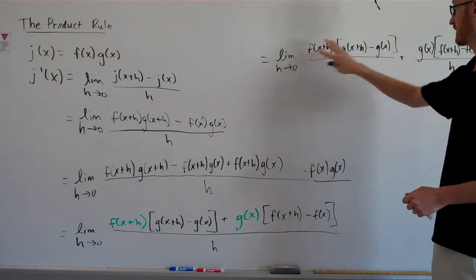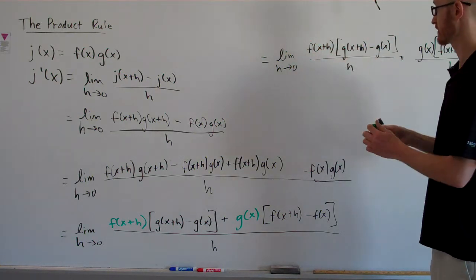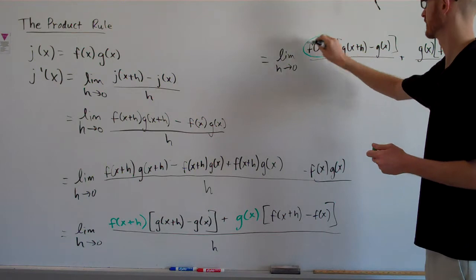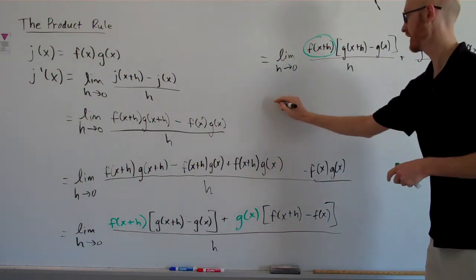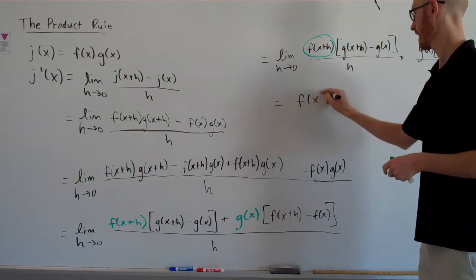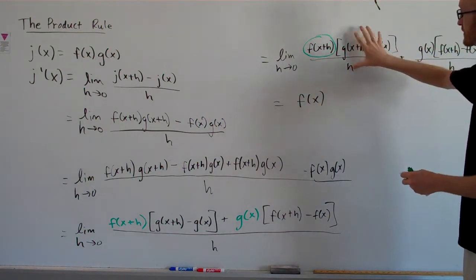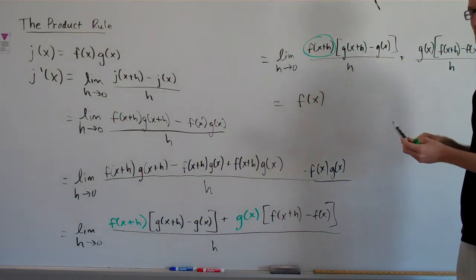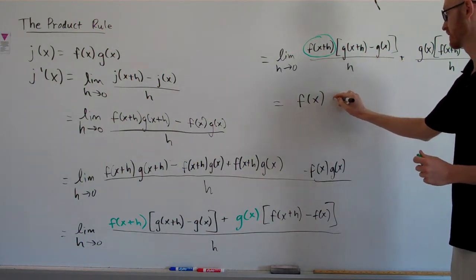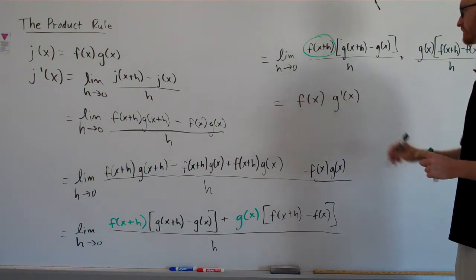Now, if you now let h go to 0, this term right here, that green guy right there, when h goes to 0, that just becomes f of x. When h goes to 0 of this expression, g of x plus h minus g of x over h, that is defined as g prime of x.